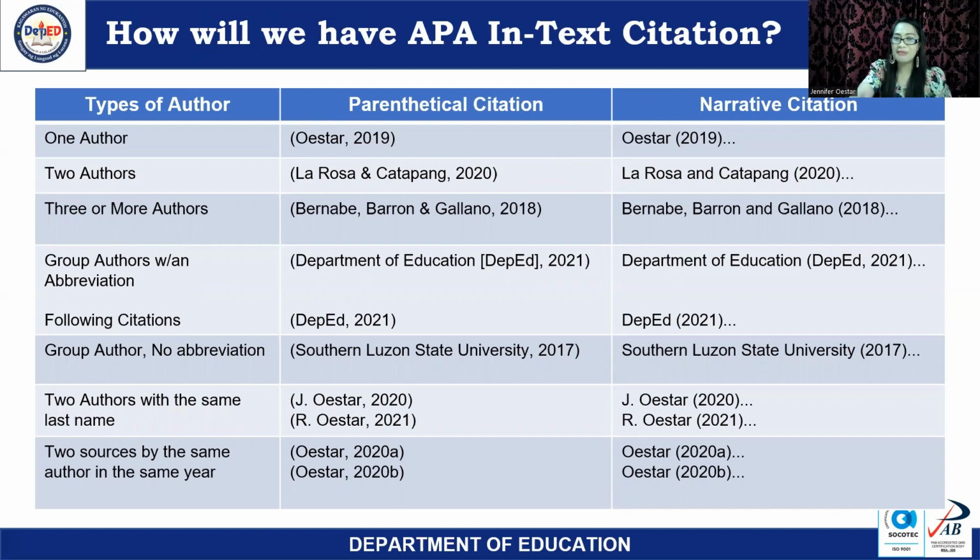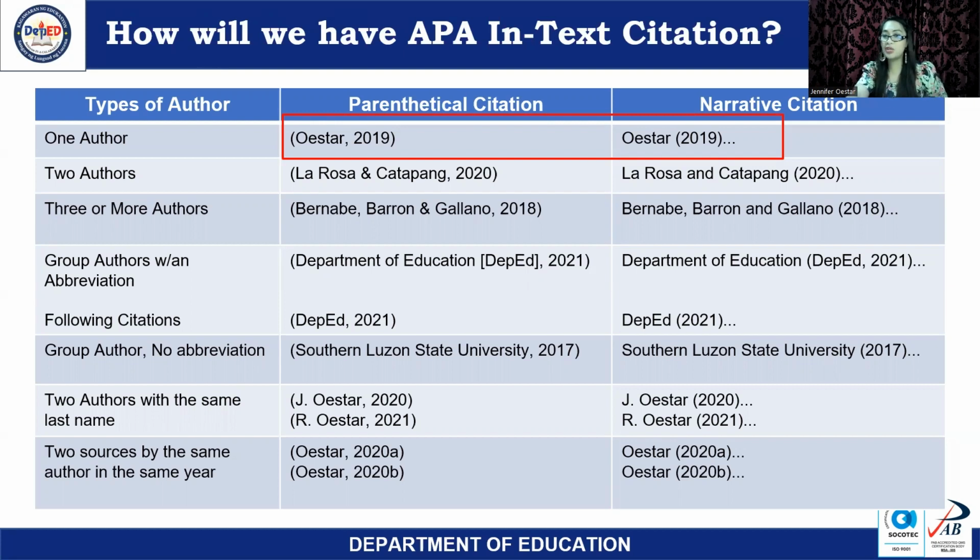If we only have one author, parenthetical citation means the information is presented first and the reference or the citation is after the information. It is enclosed in parentheses.